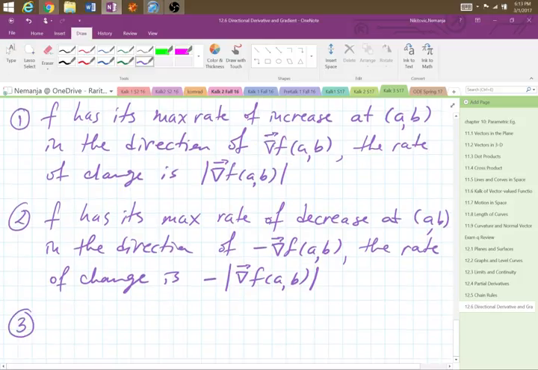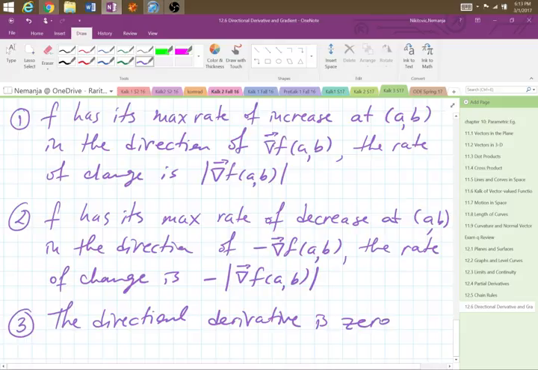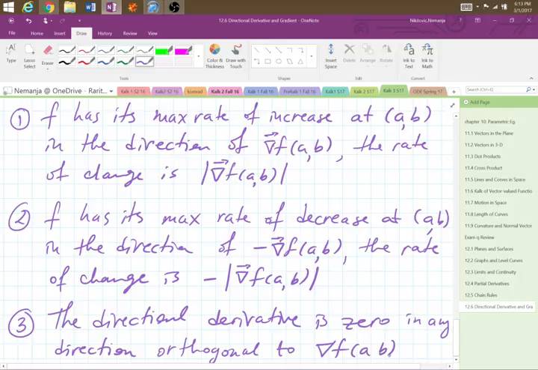And then number 3: the directional derivative is 0 in any direction orthogonal to del f at (a, b). Now, why is this true?